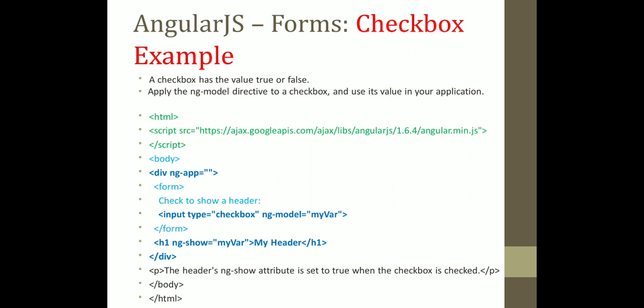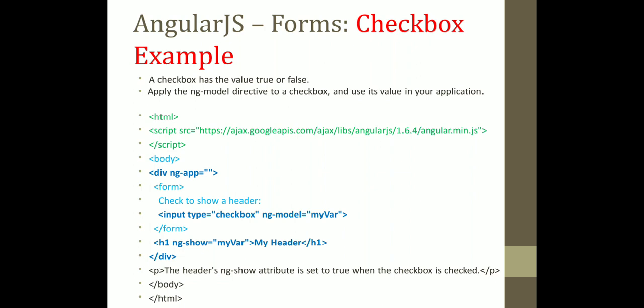Its input type is checkbox, ng-model is myVar, and the form is full. Then h1 ng-show myVar, that ng-show is for displaying that variable, whatever data or property we are going to enter in the double quote.